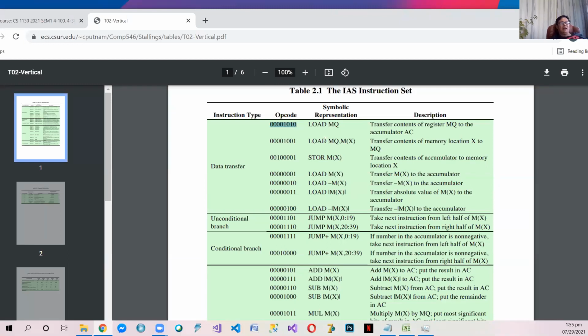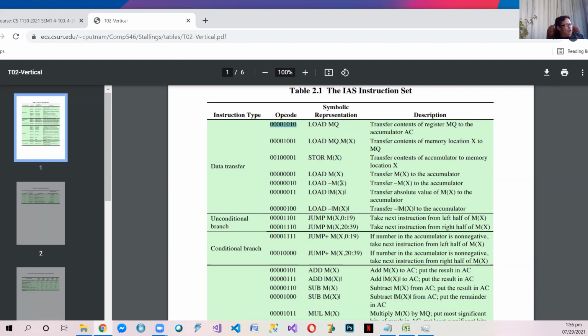Kasi kung 4, 16 lang. Okay? Kung 5, 32. But in this case, it uses 38 bits. Maybe for future improvements where there will be more instructions, no? However, we have load and store, which is equivalent to the L and S cards of the analytical engine.